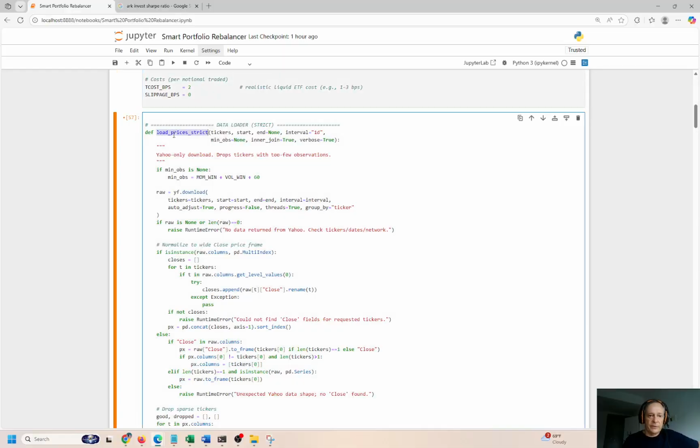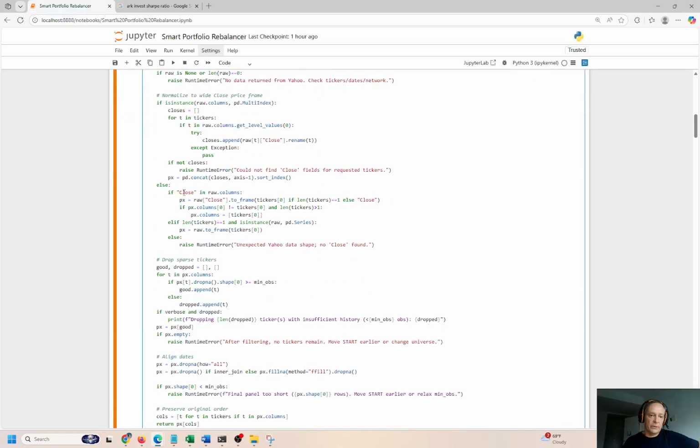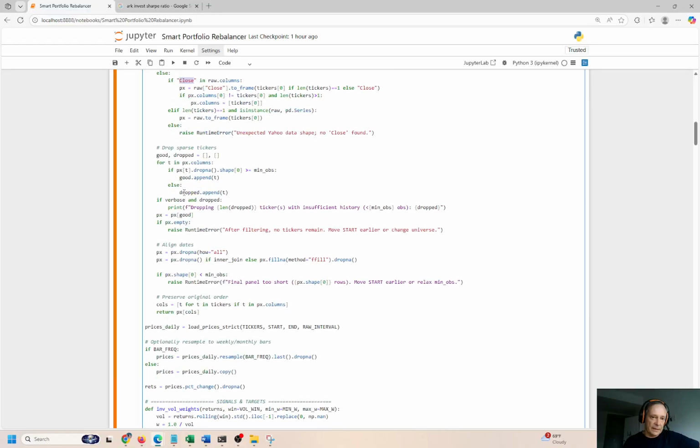So here's some basic parameters. Some user-defined functions that I'm setting up to go ahead and pull down the data, right? And then to get the closing price, and anything that looks kind of weird gets dropped off here. And we are going to go ahead and forward fill any missing data. So this comes from Yahoo Finance.